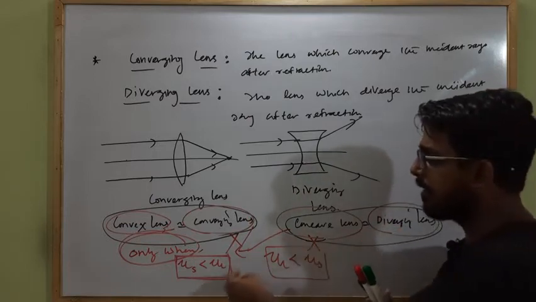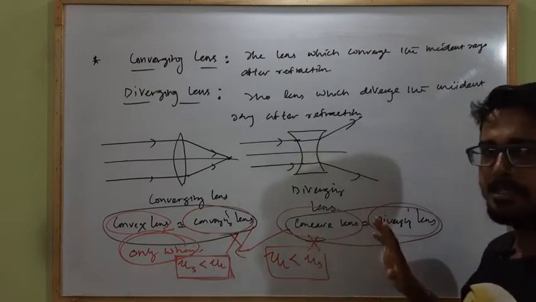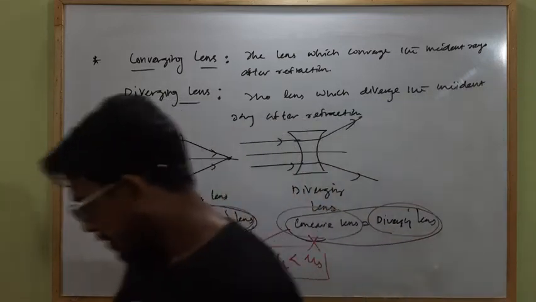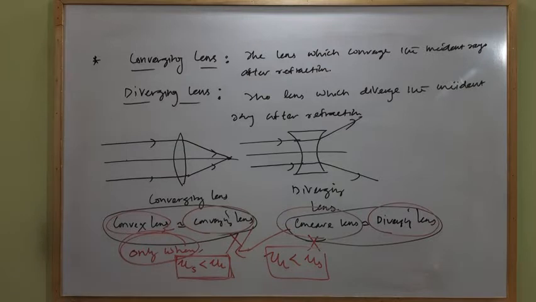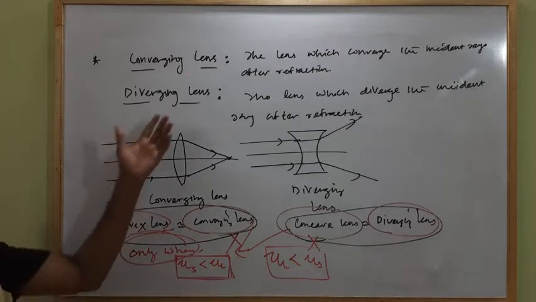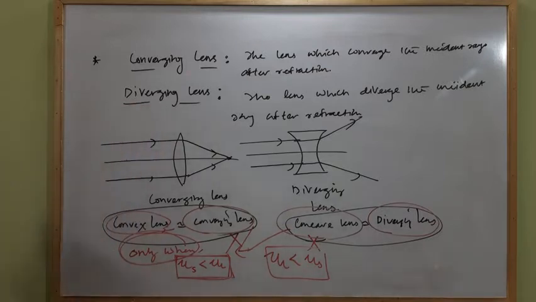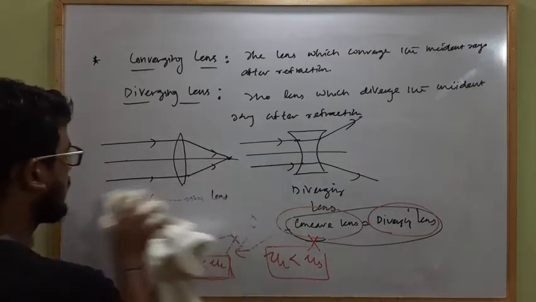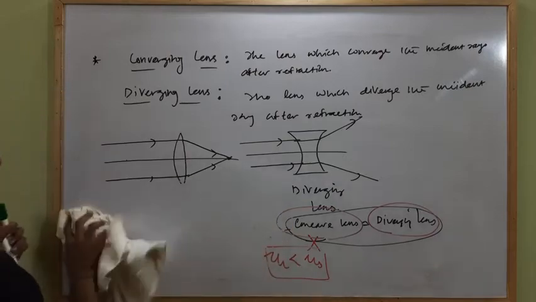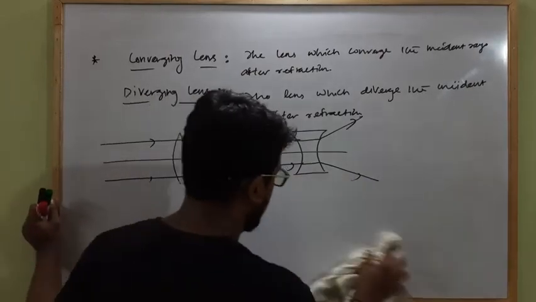Okay, depending upon the refractive indices. Clear? So you have to remember that both concave and convex lens can behave as both converging and diverging lens. Clear? But in most of the cases, convex lenses are converging and concave lenses are diverging.